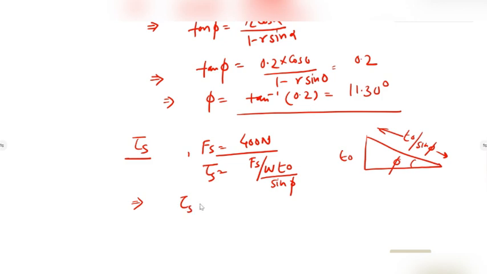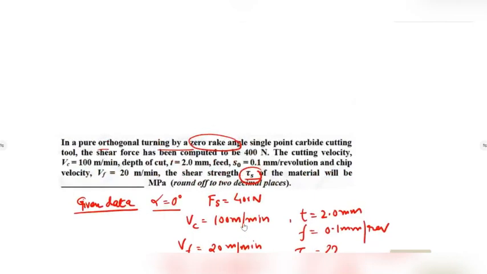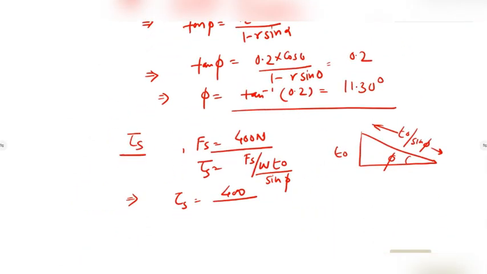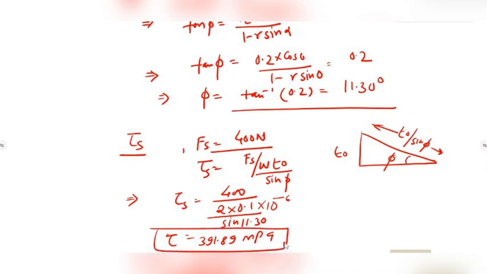Therefore, tau s will be 400. Width in a turning operation is given by the depth of cut. So the value of depth of cut is 2 mm. So writing this as 2 into uncut chip thickness 0.1 sin of 11.30. So solving this will come as 391.89 megapascal. So this is the final value of shear strength.